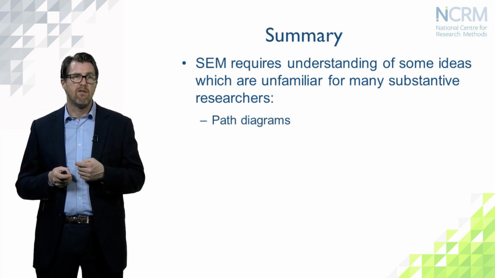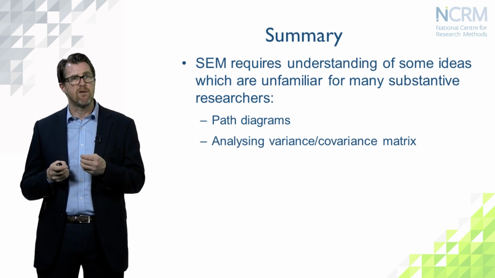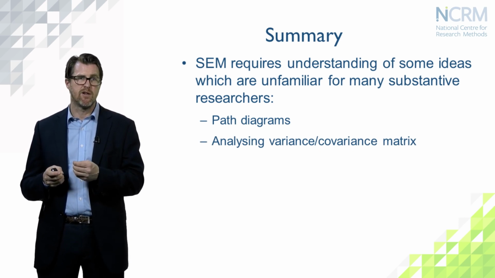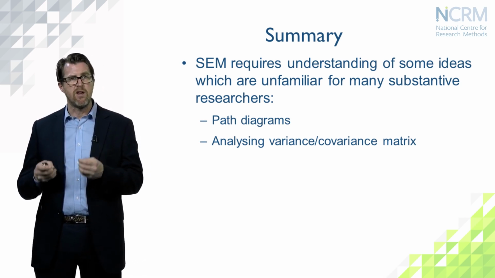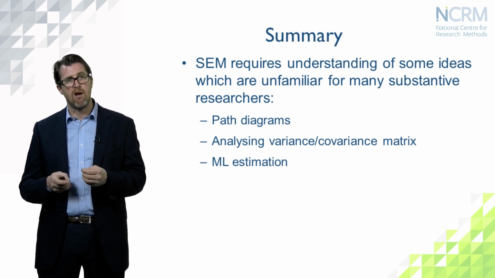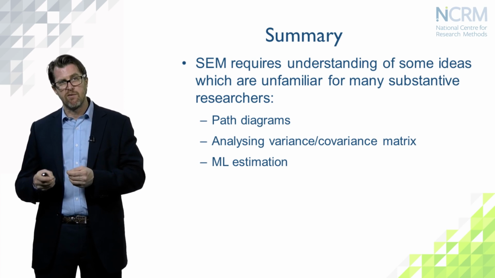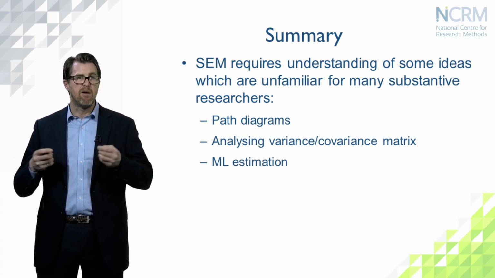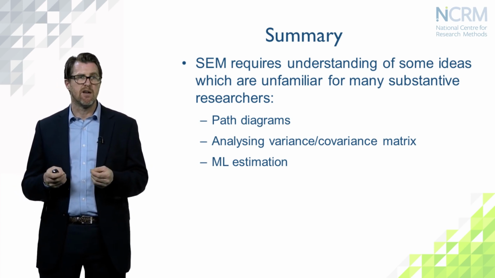These are focused around the use of path diagrams for representing our theories and our equations, the fact that we analyse the variance covariance matrix of the observed variables rather than the raw data, that we use for the most part maximum likelihood estimation, which has some quite restrictive assumptions about multivariate normality, but nonetheless is a very useful estimator.